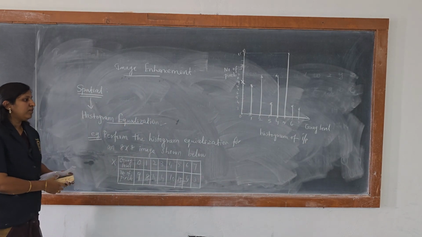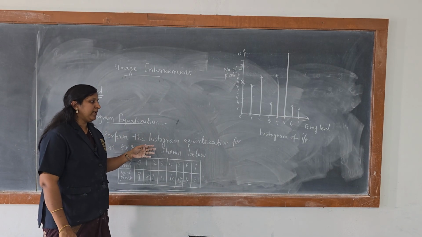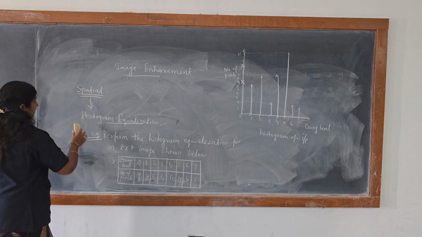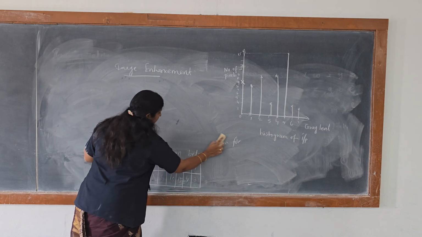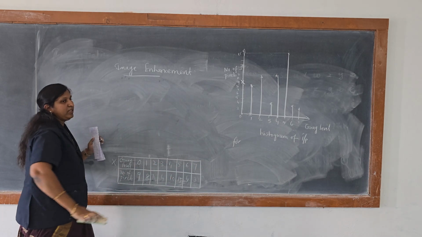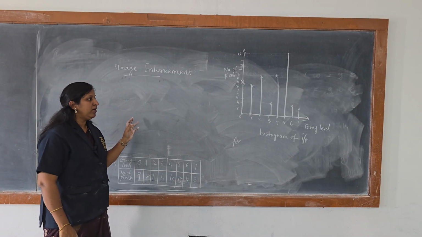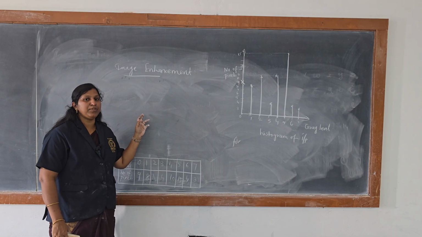Okay. So now we are going to do histogram equalization. Finally, we will get the modified histogram for the output image. Histogram equalization involves 4 important steps. First, we have to calculate the PDF, that is the probability distribution function.